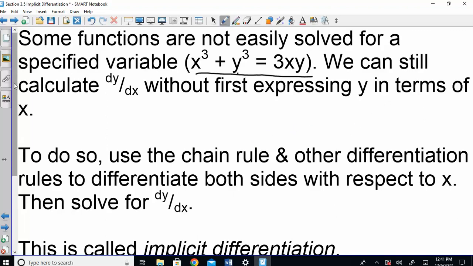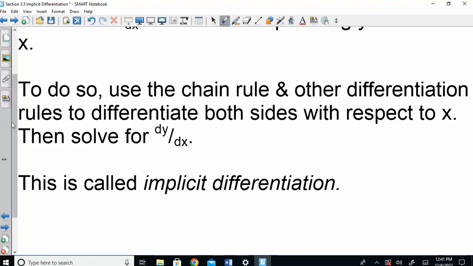We're going to keep all of our derivative rules, but we are going to do the derivative with respect to x. So when I do a derivative of an x, it's going to stay like normal. When I do the derivative of a y, I'm going to have to write dy dx, meaning derivative of y in terms of x, or y prime with it.